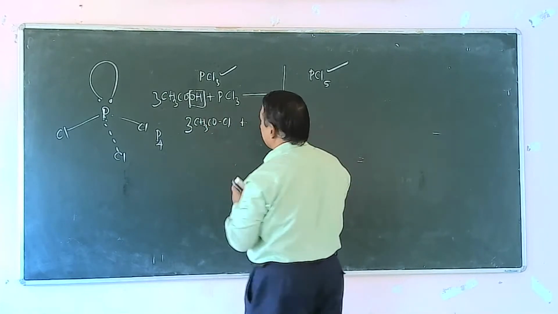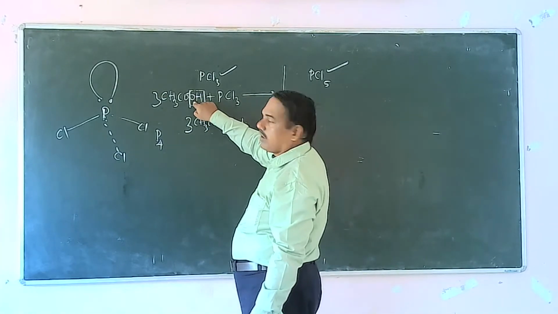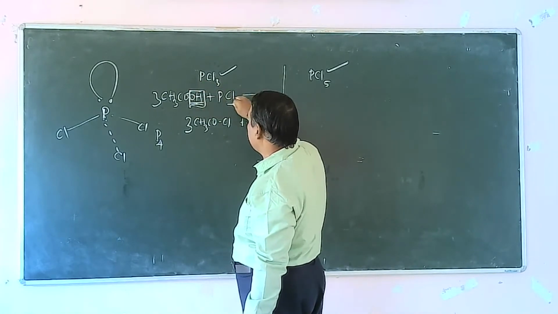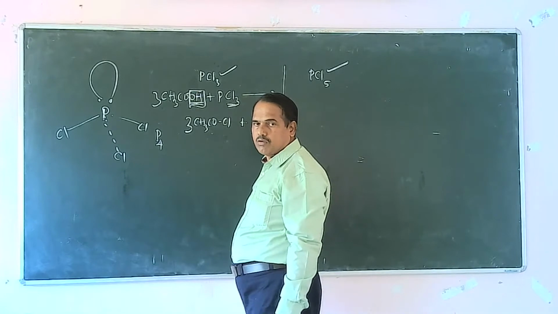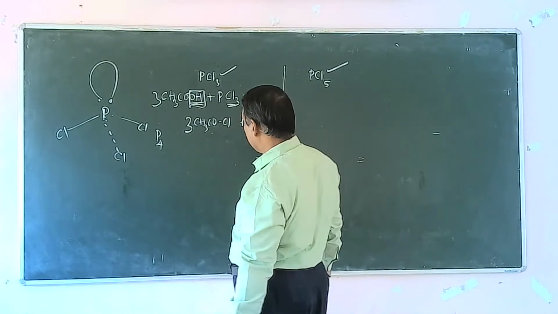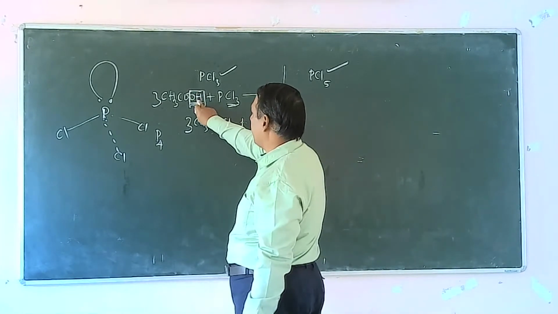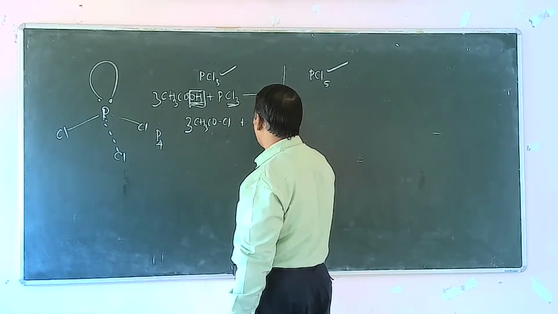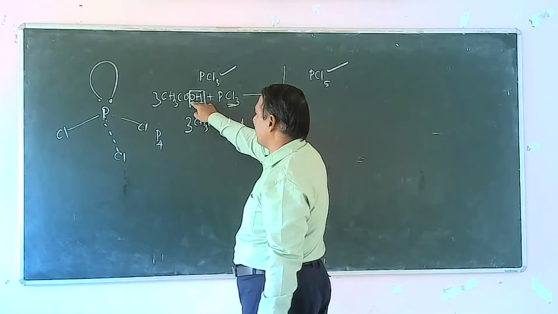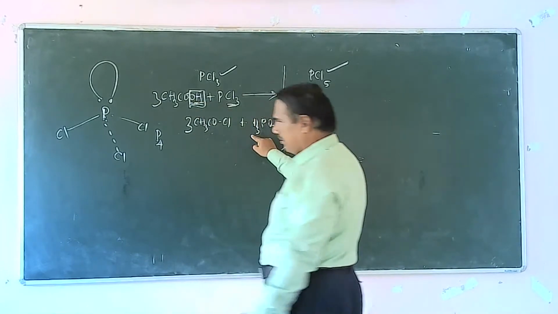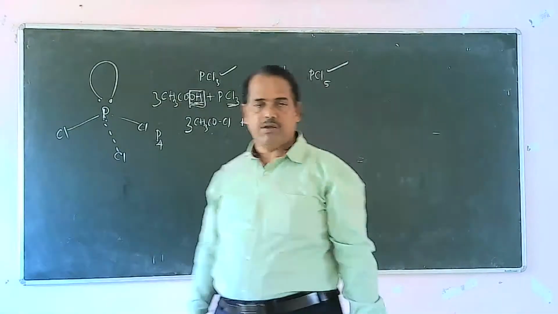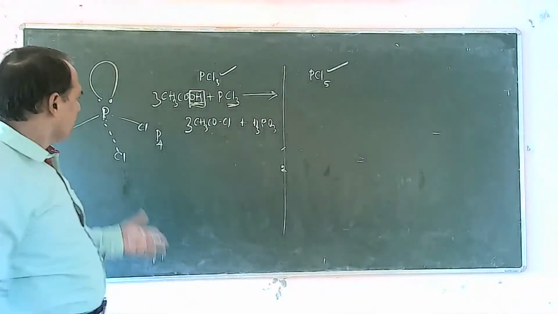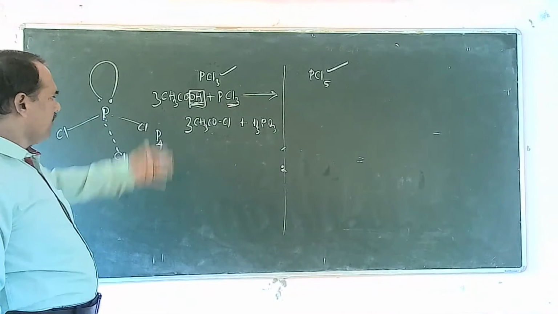What is the other product? Remember here, the hydroxyl group is replaced by chloride. Are you clear? Then you will get H3PO3. How many hydrogen atoms are there? 3. So therefore it is H3. 1, 3, 4, and 3 oxygen atoms. So therefore this is called phosphorous acid. Okay, that's how. Very simple equation.